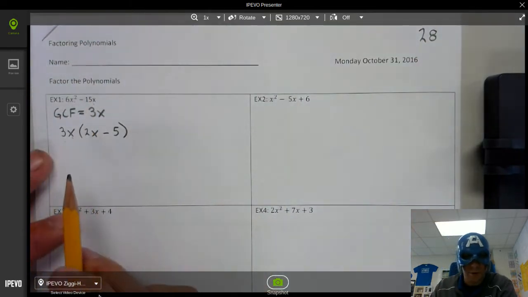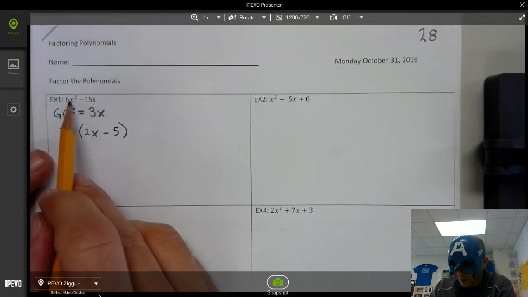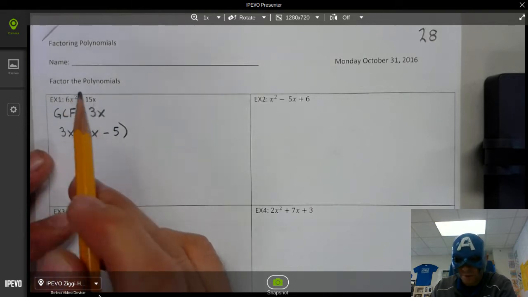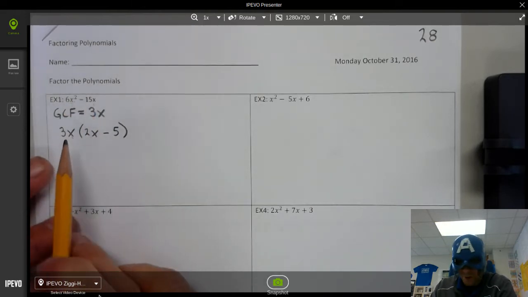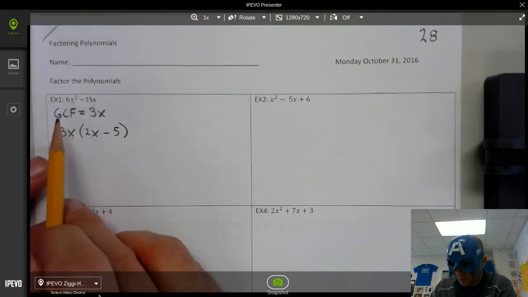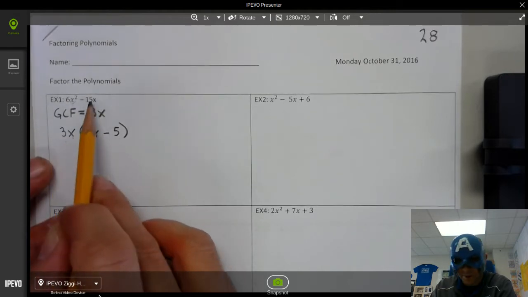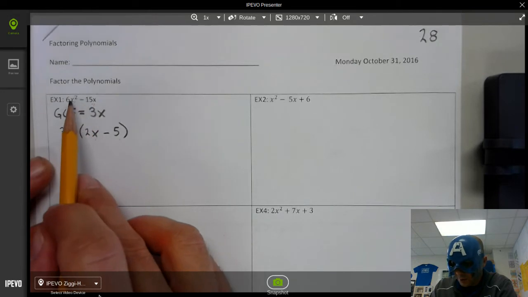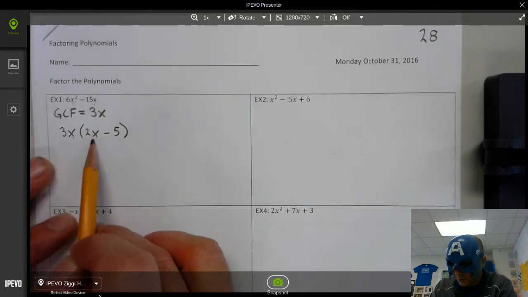So the greatest common factor is 3x, because we can divide a 3x out of 6x squared and negative 15x. To show you, 6x squared divided by 3x is 2x, and negative 15x divided by 3x is negative 5.